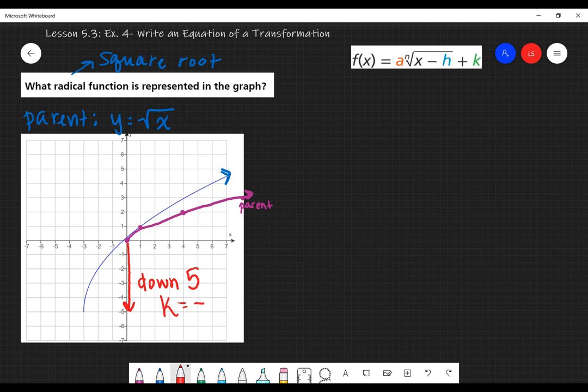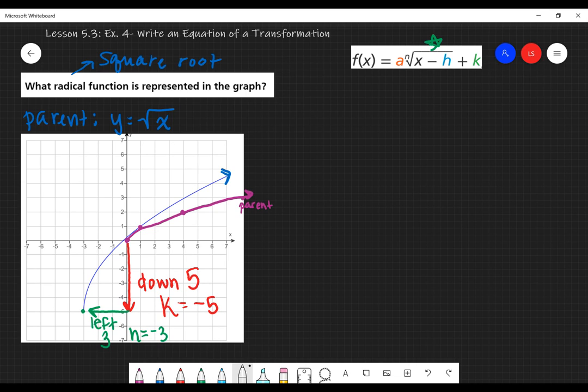And since we moved down, k is going to be -5. We also notice that not only did this move down, but it also moved to the left three units. And since it's to the left, we know that h is going to equal -3. And when we plug that into our equation, we're going to have minus and negative, and it will become positive.